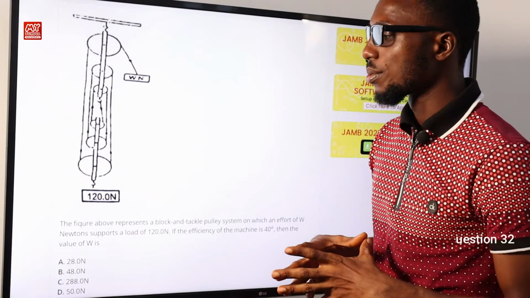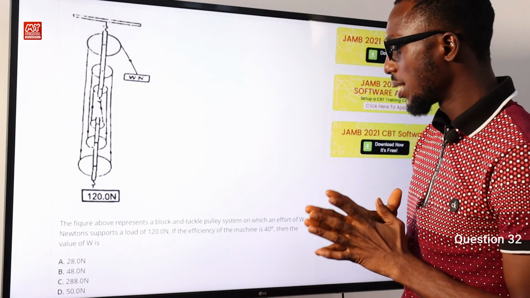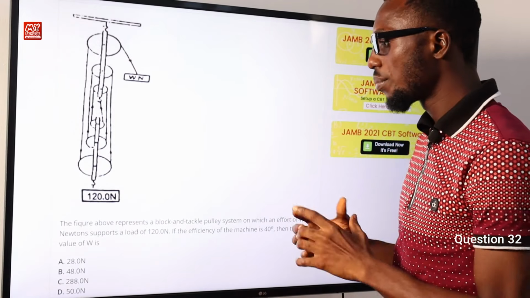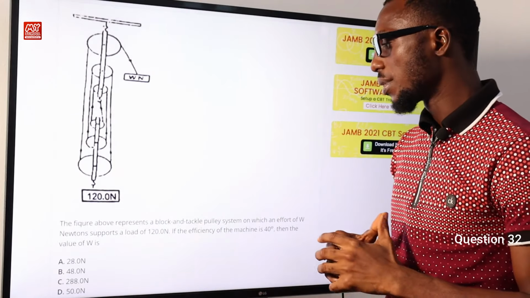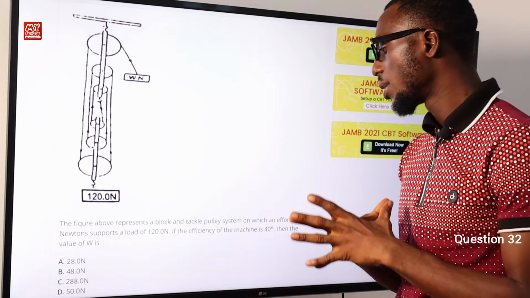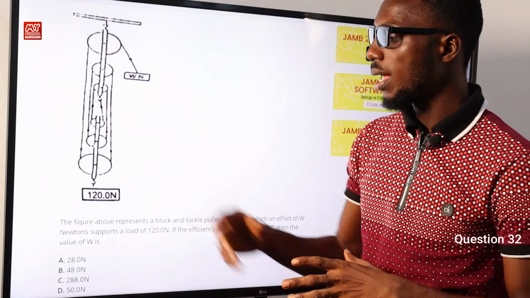Question 32. The figure above represents a block and tackle pulley system on which an effort of W newtons supports a load of 120 newtons. If the efficiency of the machine is 40%, then the value of W is what?